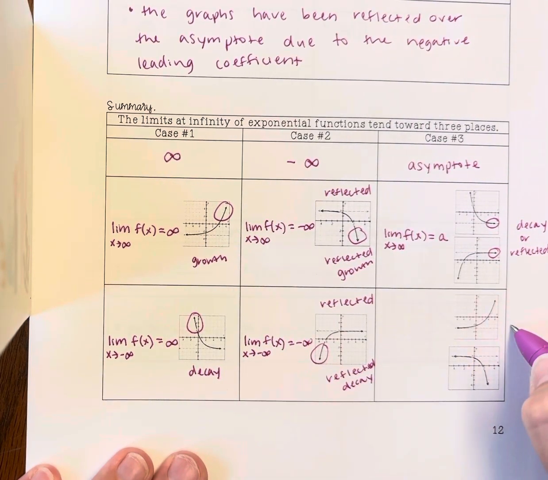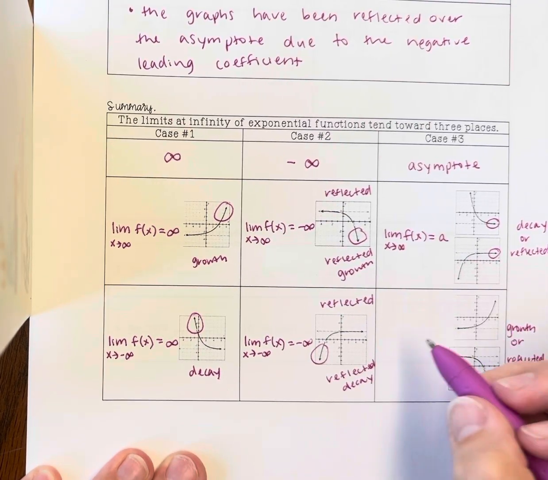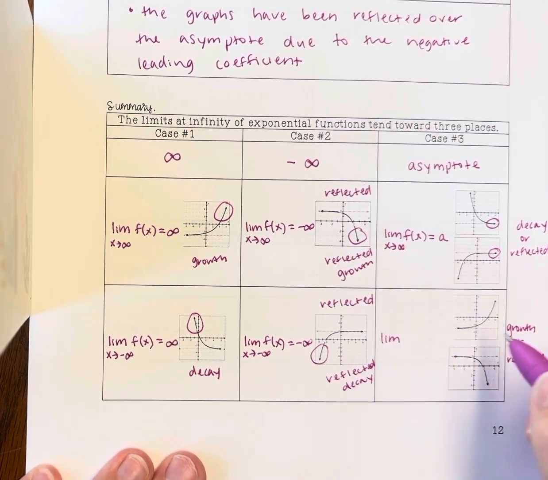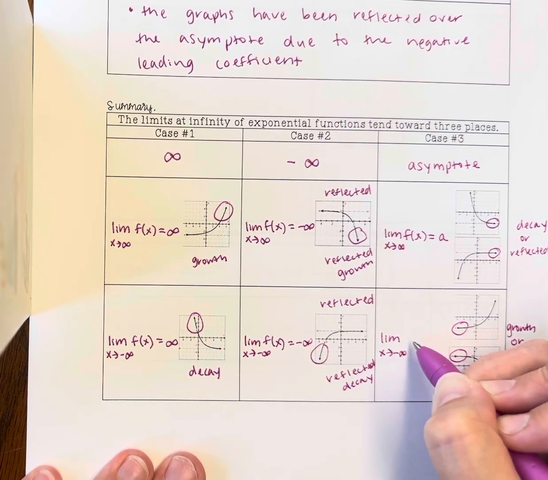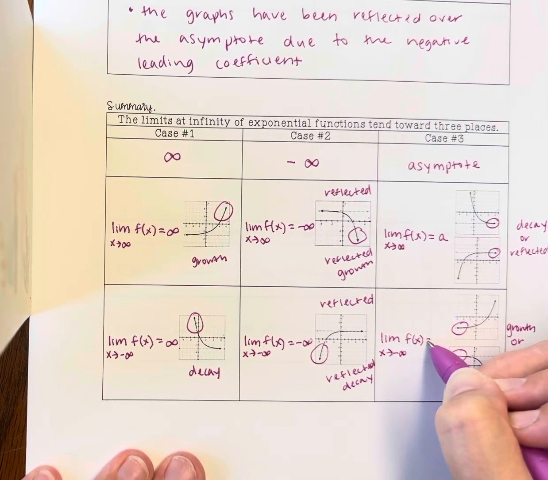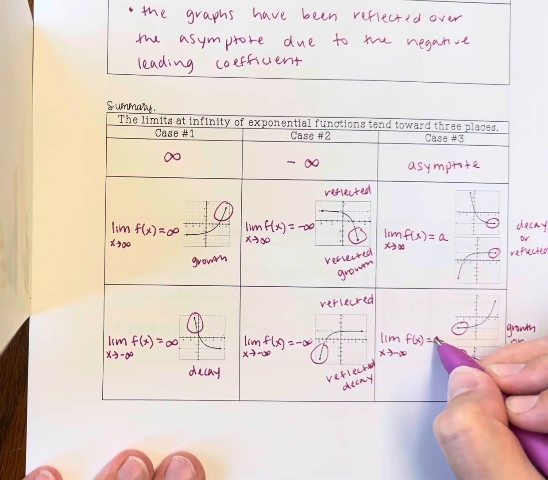And if you have a growth graph or some sort of reflected growth graph, then you're going to hit the asymptote on the left side of the graph. So I'll just write an A for asymptote.